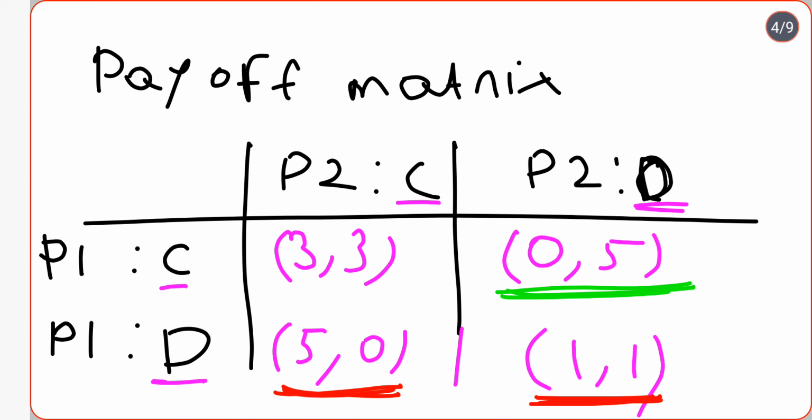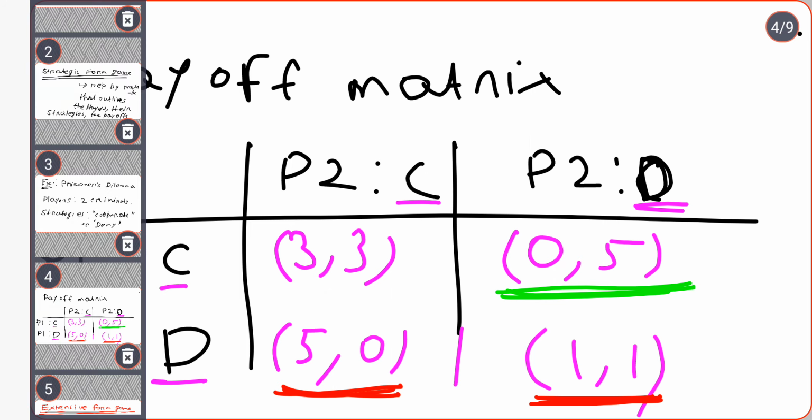They are making the decision at the same point of time. So no player is able to observe the other player's decision and put himself in a better position.